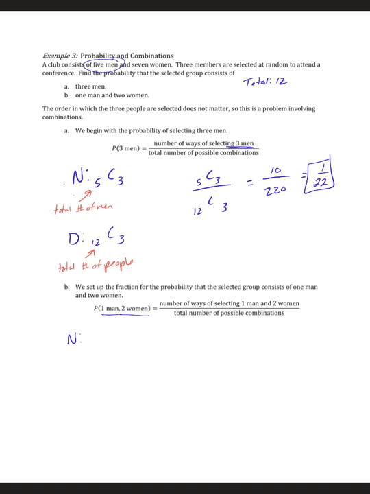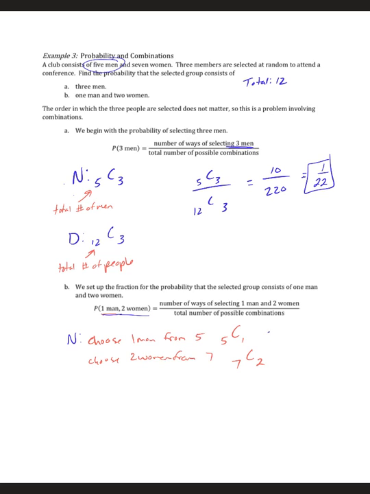Let's start with choosing 1 man from 5 men altogether, and then we choose 2 women from 7, so that would be 7 choose 2.